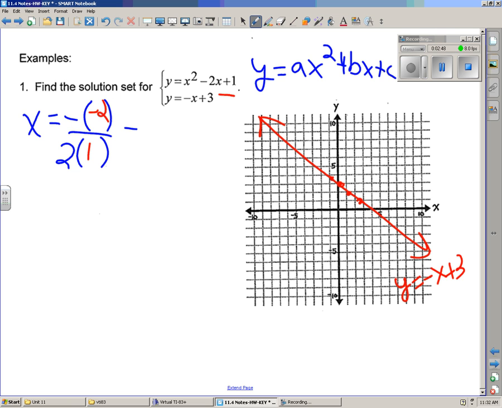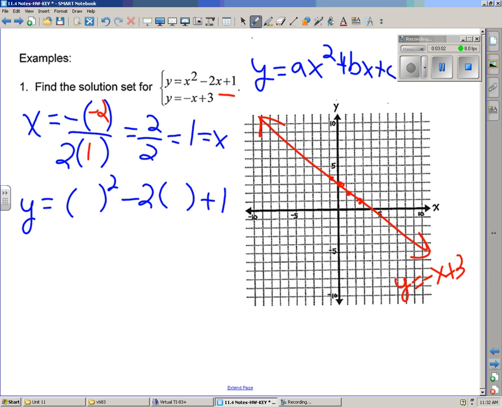So x equals 2 over 2, or x equals 1. When I now look for the y value for my vertex, I take my original equation for my parabola and dump in my x value. That was a 1. So I get 1 minus 2 plus 1, which ends up being 0. So my vertex is going to be 1, 0.